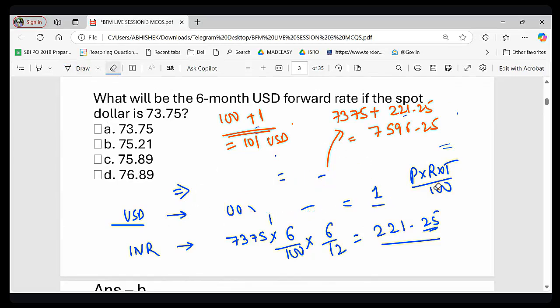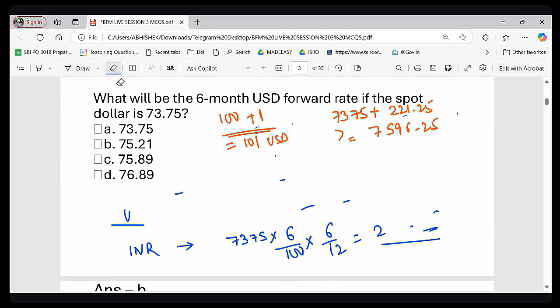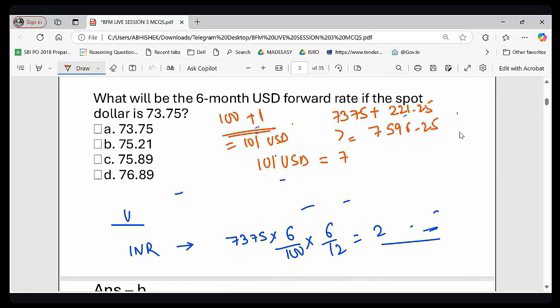So now finally we have to find the forward rate, right? What is asked in the question? In the question you have been asked to calculate the forward rate. So how do we go about calculating it? It's quite simple. We just have to equate both of them. We will equate 101 USD is equal to 7596.25 INR, right? So just apply the unitary method.